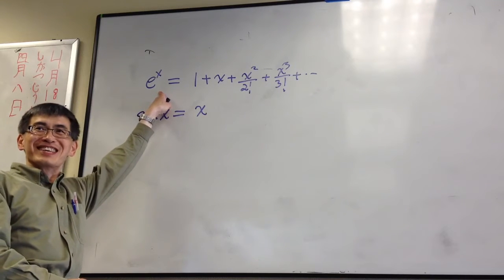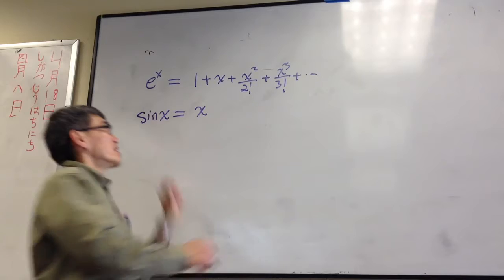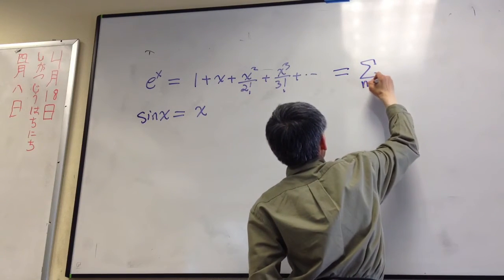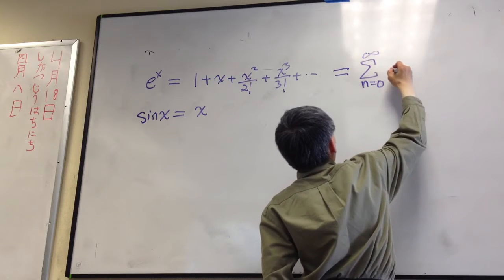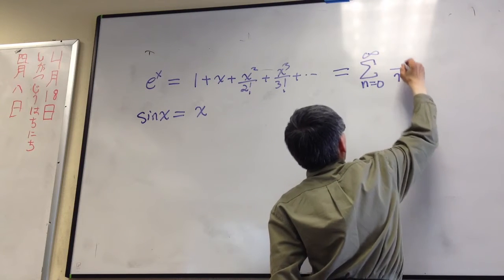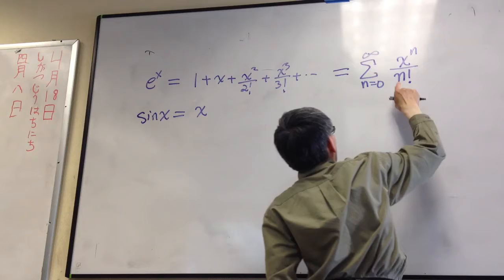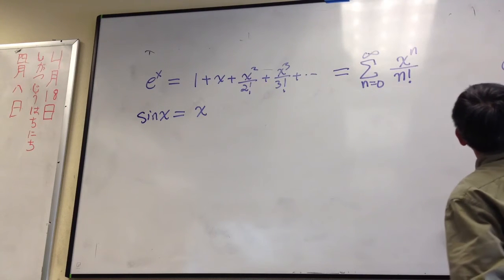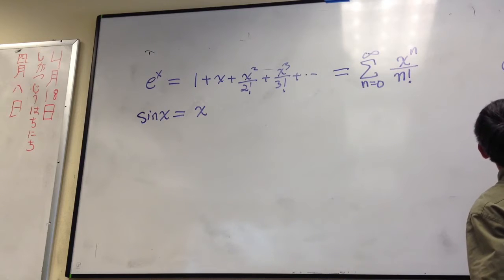I'm serious. All right, this one. All right, this is this. n goes from 0 to infinity, x to the nth power over n factorial, where 0 factorial is defined as what? 1.